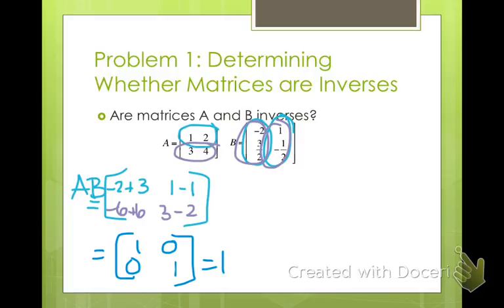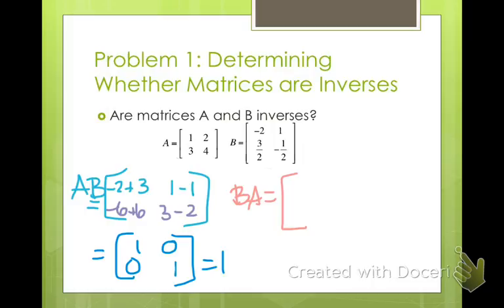Okay, now we also have to do B times A. Let me pick another color. So BA. And erase this stuff. So for B times A, we take this one times this one.